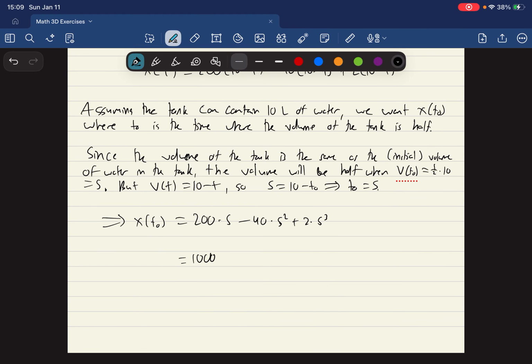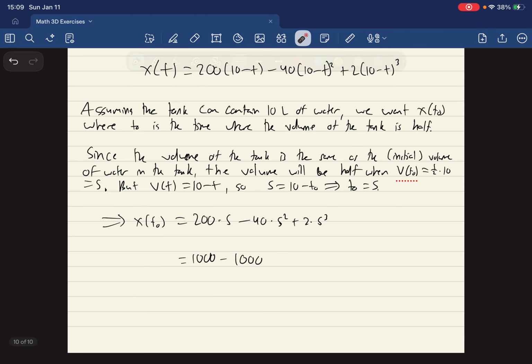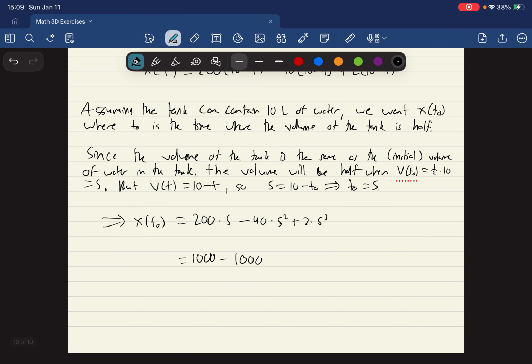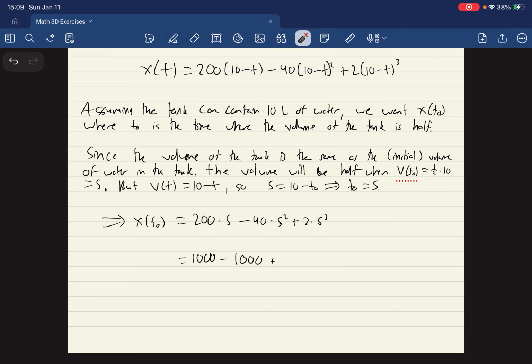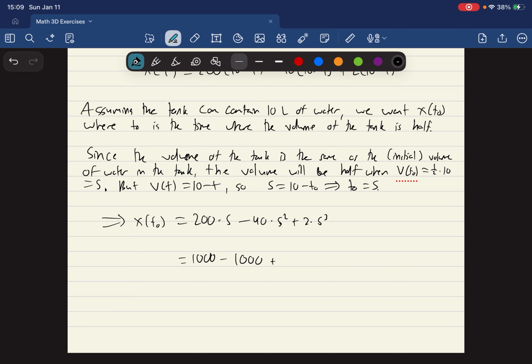And this will be 1,000 minus, wait, 25 times 4 is 100, 1,000. So this is 1,000, this is 1,000, and then the final number here is 2 times 5 cubed, which is 2 times 125, which is 250. And so our final answer, which agrees with the book, is that the amount of toxic substance is 250 grams.